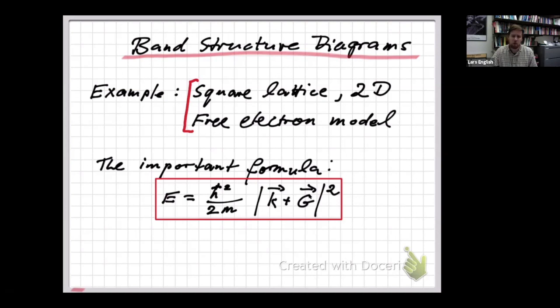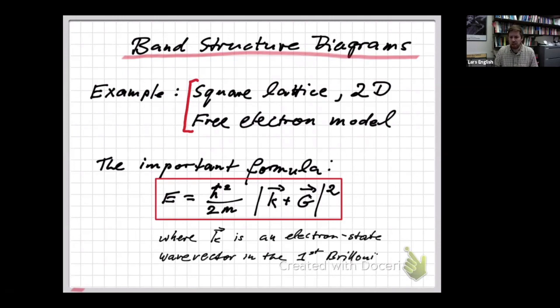So the more generalized version of that previous formula is h bar squared over 2m times the magnitude of k plus G, squared, where G is a reciprocal lattice vector and k is the electron state wave vector.